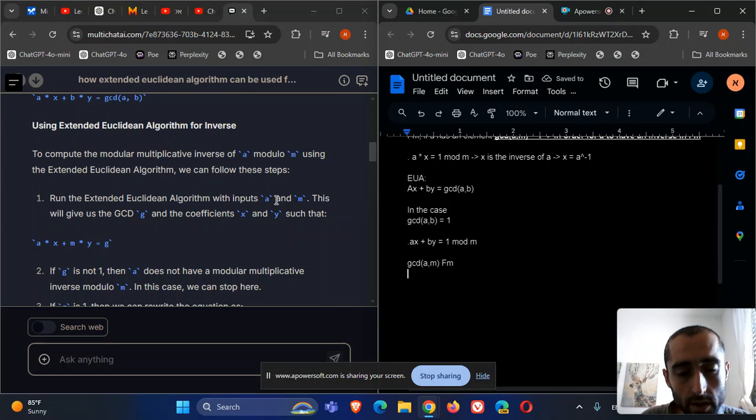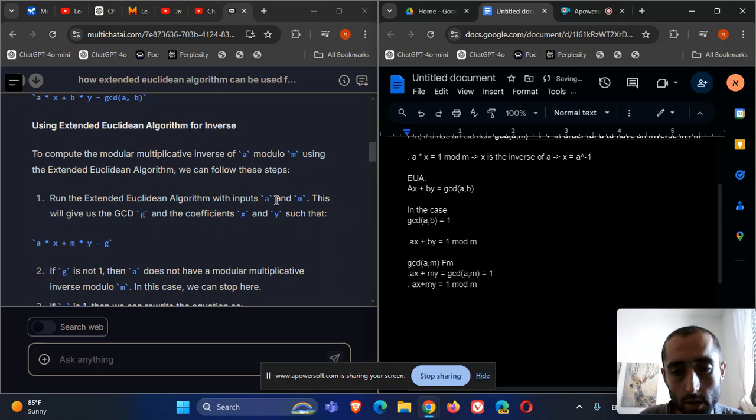So the extended Euclidean algorithm will give me ax plus my, now our B is m, equals the GCD of A and M. Now the assumption is that A has an inverse and we want to find it, so the GCD is 1. So the equation is ax plus my equals 1.